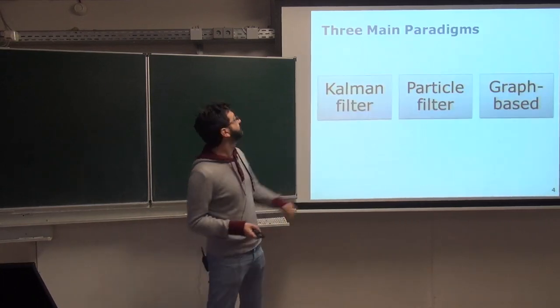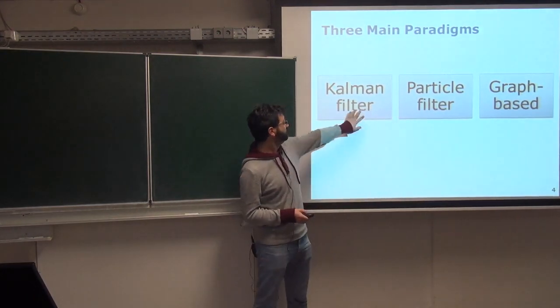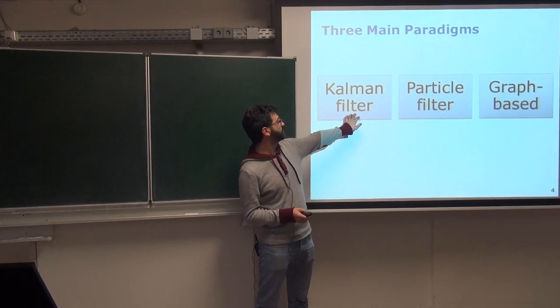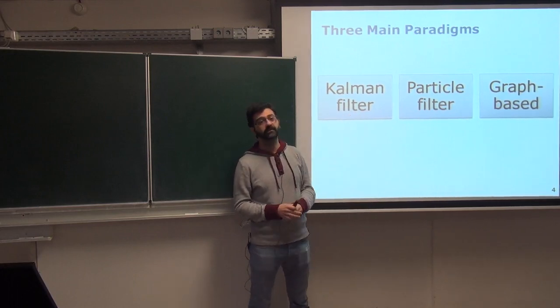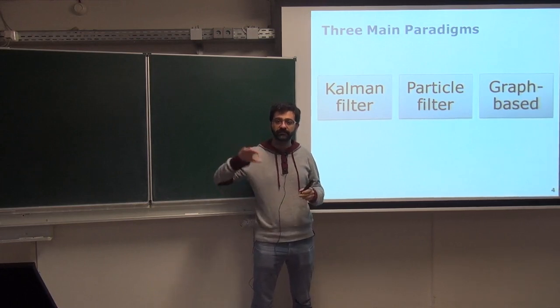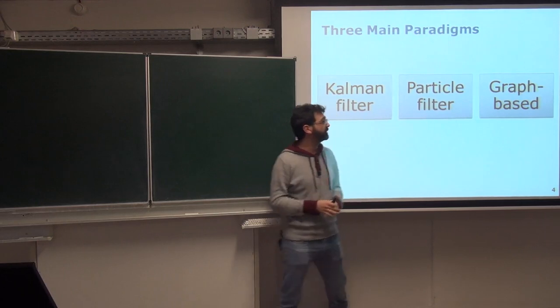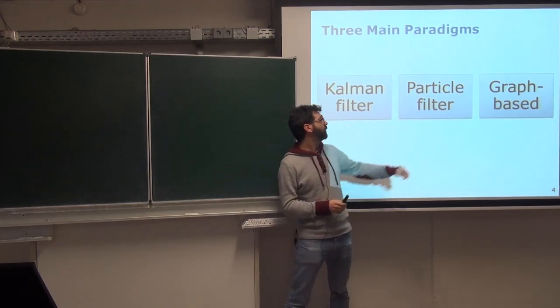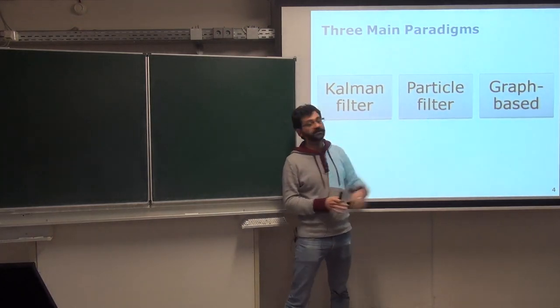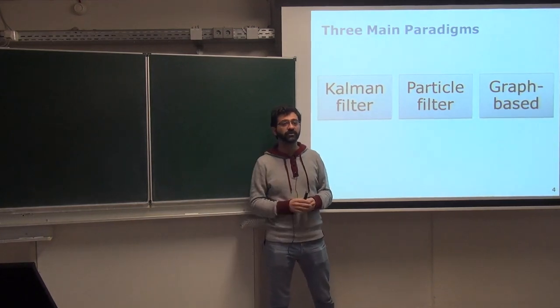We have seen different paradigms of filtering. The first approach is based on the Kalman filter, where you have Gaussian noise and linearized models for the motion and for the observation. We go then to the particle filter, which will be later on in the class, where we relax the assumption of linearizing the motion and having Gaussian noise.